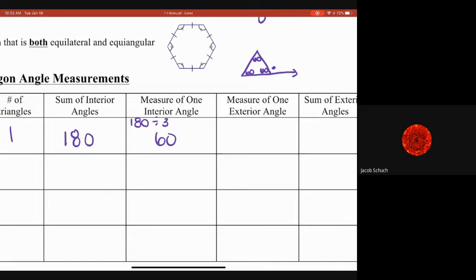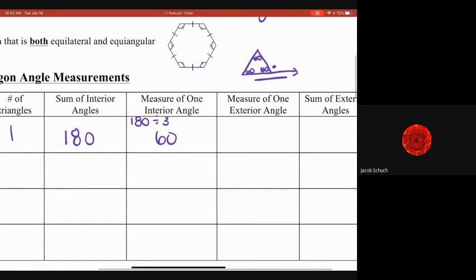Caden? 120. Why 120? Right. If you take a look down here, don't you have your opposite rays going on, like your straight angle. So if the interior is 60, the exterior is going to be 120. They're always going to be supplementary.